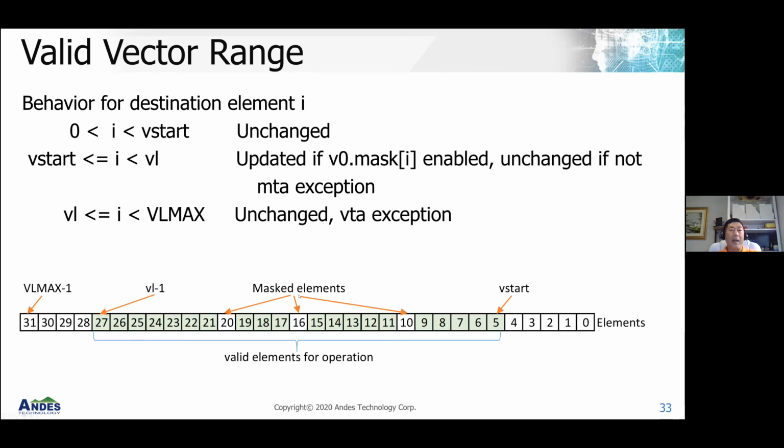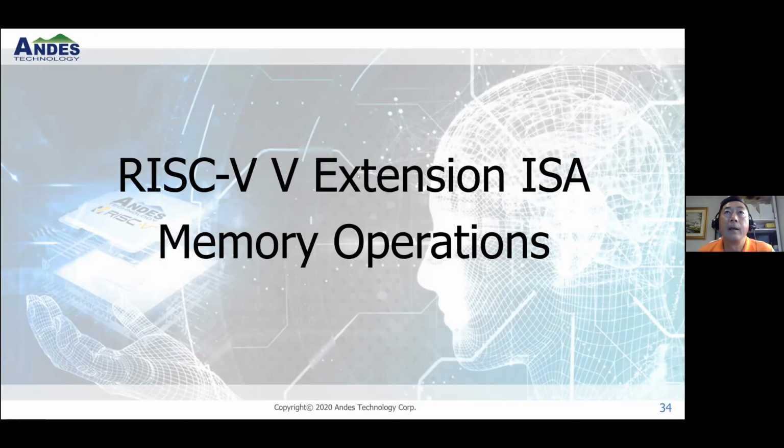And then the mask elements can be masked out, right? So you can have a mask that basically says not to update elements 10, 16, and 20. And so when you do the vector operation, it only updates the valid elements that are in green here.